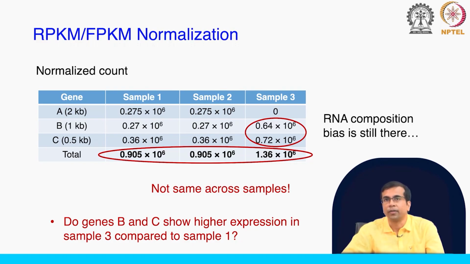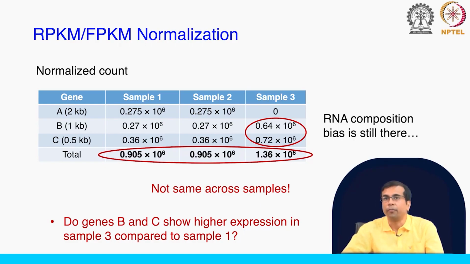For example, sample 3 is different from sample 1 and sample 2. This is a problem because we are not comparing across samples which have exactly the same sequencing depth, which we got earlier when we were doing CPM normalization. So, this creates a problem because you cannot compare across samples anymore.